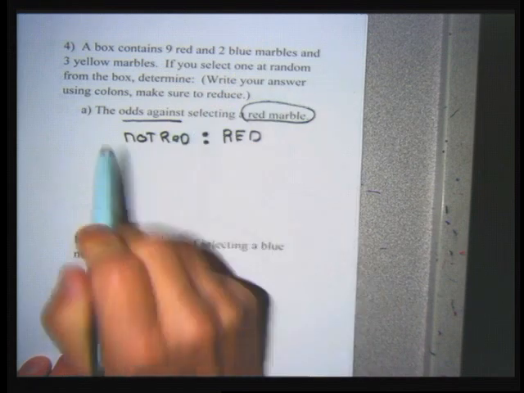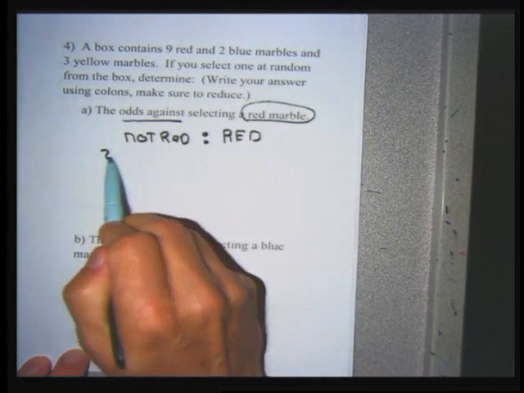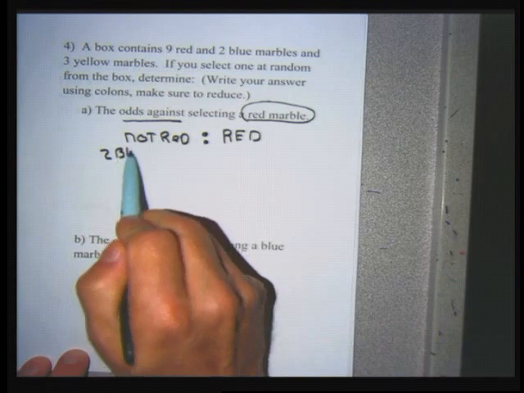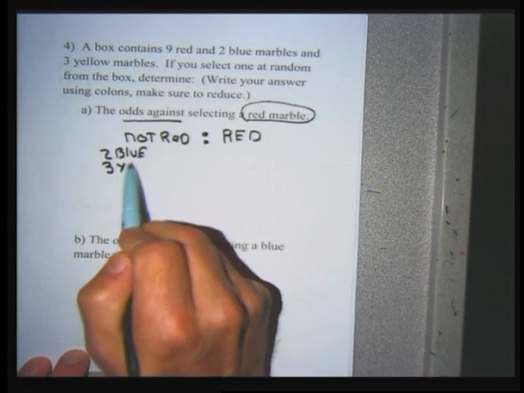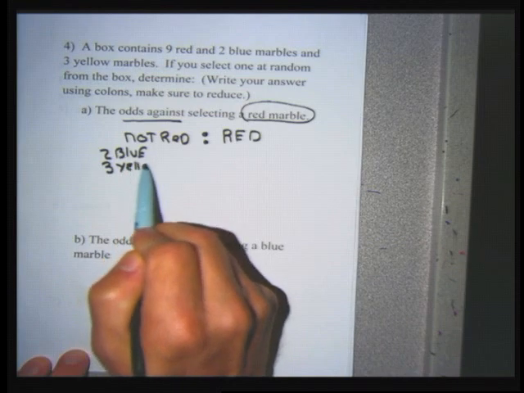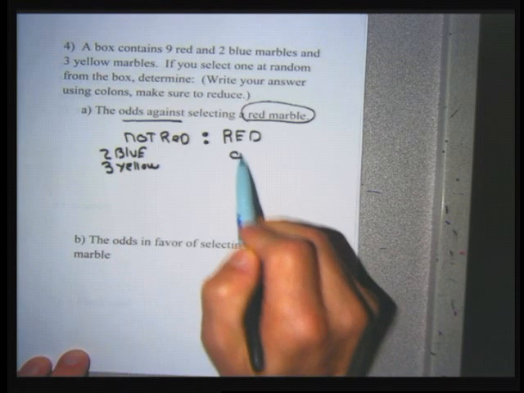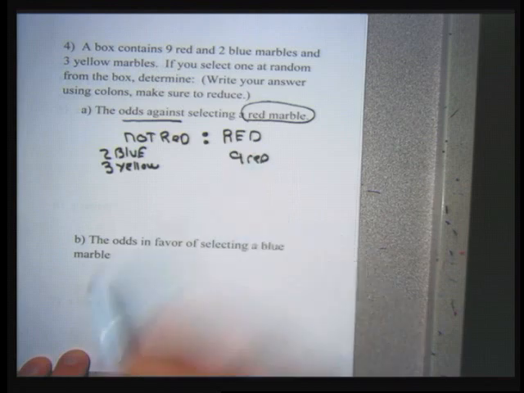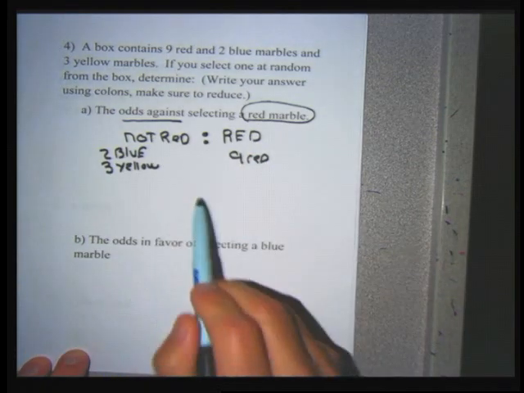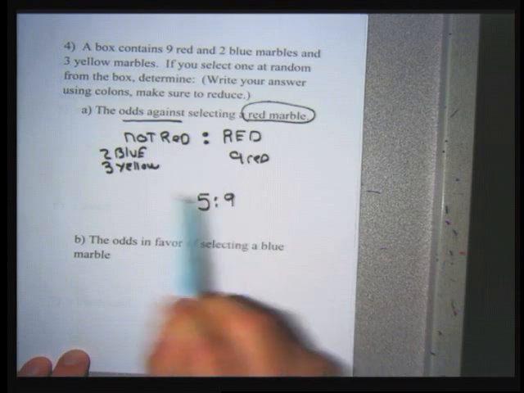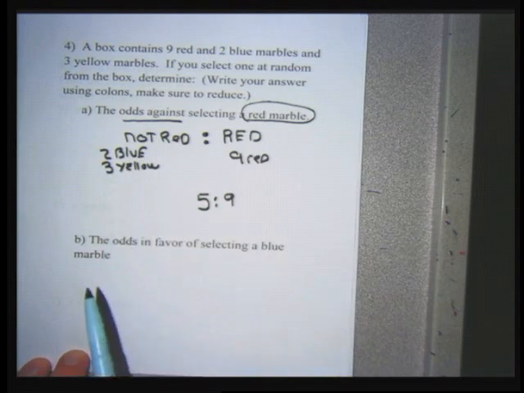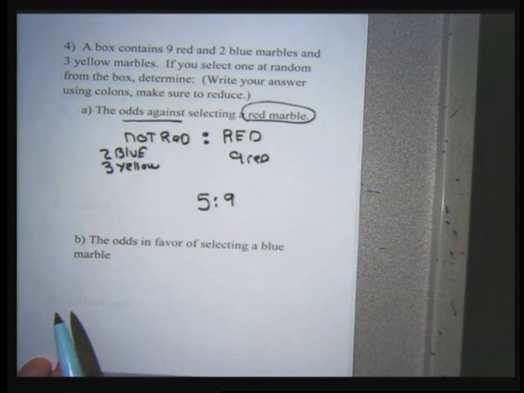So in this problem, the not red marbles are the 2 blue and the 3 yellow, and the red marbles are the 9 red. So the odds against selecting a red marble are going to be 5:9 for the 5 not red marbles and the 9 red marbles.